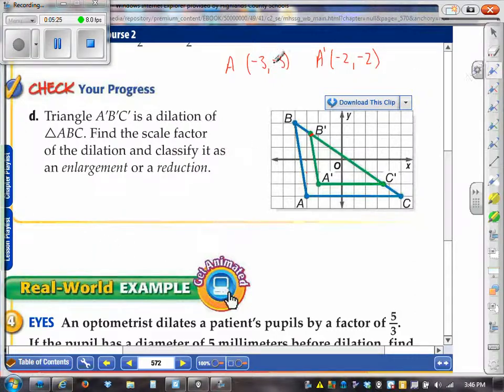What would we multiply negative 3 by to get negative 2? Well, this is actually smaller to a larger number, but we're going to forget about that right now because we can't multiply by a negative scale factor. But you can say, well, it'll be 2/3 or 3/2.